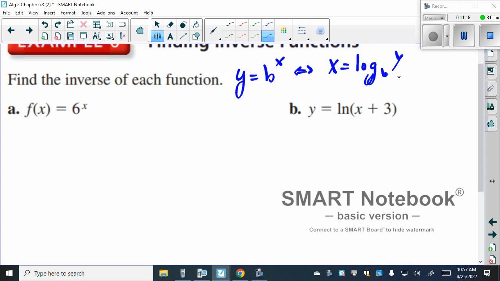Now if I want to find the inverse of f of x equals 6 to the x, when we did inverses before, well, I'm going to need to rewrite f of x as y. Now the next step we had in finding the inverse function was to switch x and y. So x is equal to 6 to the y.